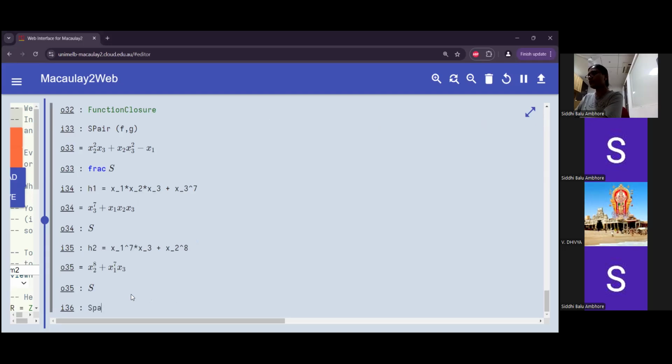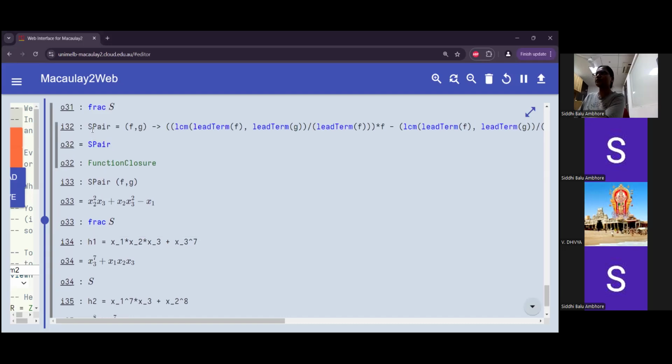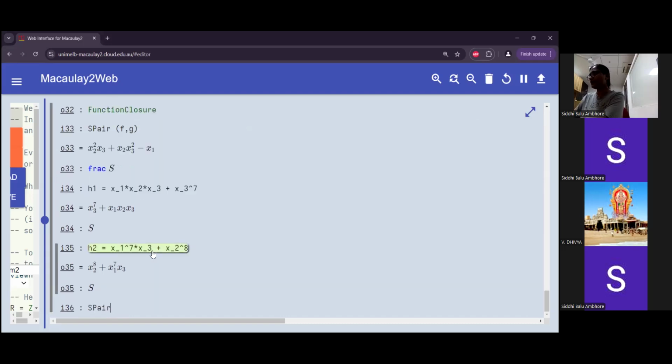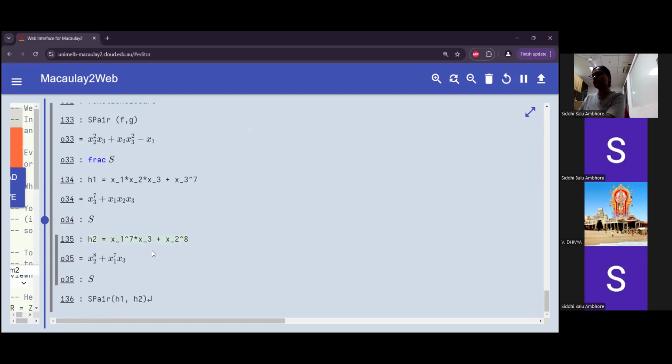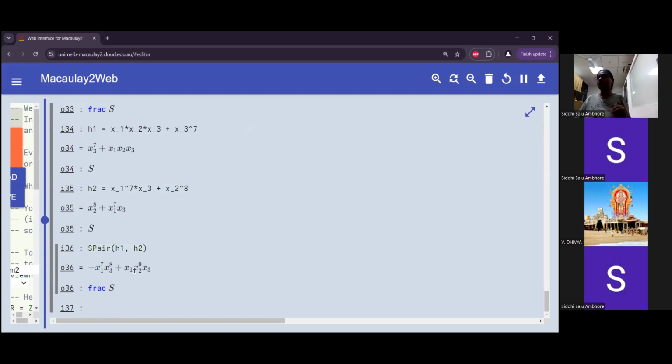Okay, and SPair with capital P. The name must be similar, it is case sensitive in that sense. SPair(H1, H2) gives me this polynomial. And we can see that if I do (H2, H1), it is minus of the term I was getting here. So we use this S pair to calculate all the terms.